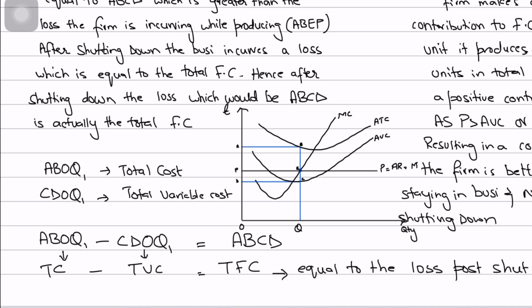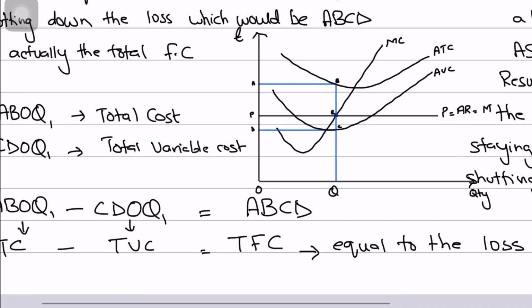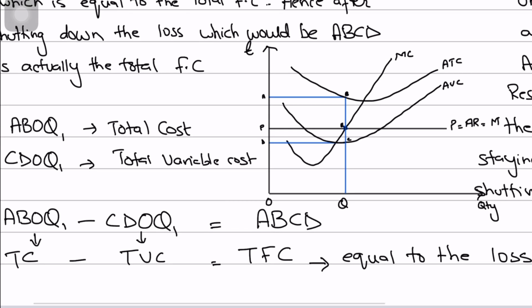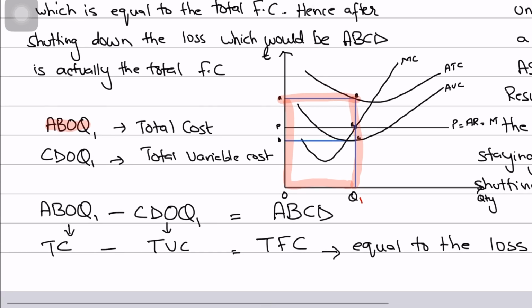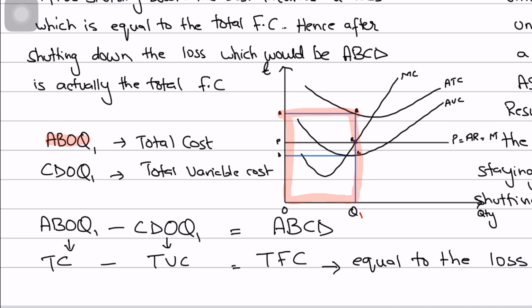चले हो गया. अच्छा, so total cost. Look at this. Total cost is ABOQ1. This is Q1. ABOQ1 is my total cost. And total variable cost is CDOQ1, where Q1 intersects the average variable cost over here.